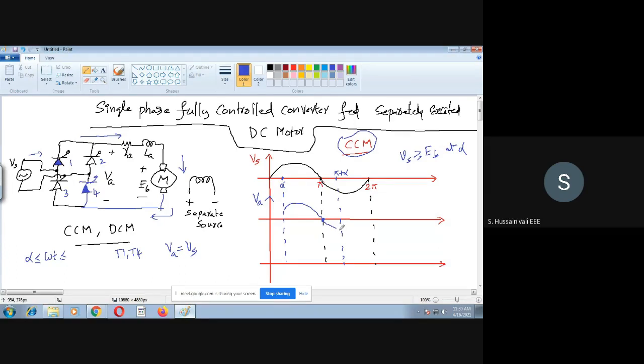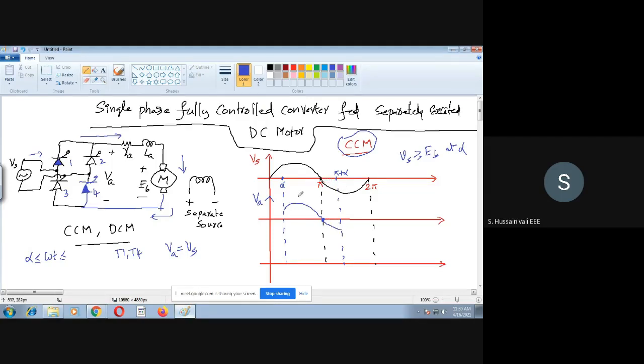Why I'm saying pi plus alpha is that at pi plus alpha you trigger thyristors 2 and 3. So till pi plus alpha, 1 and 4 will conduct. When 1 and 4 are conducting, always remember the output voltage is the same as the supply voltage. The supply voltage here is negative, so the output voltage is also negative.